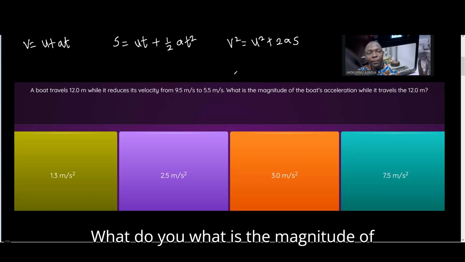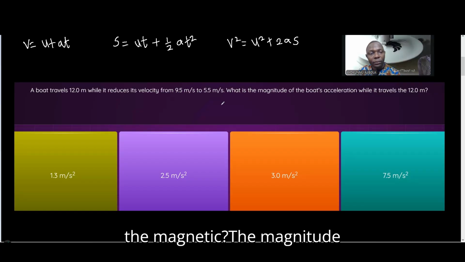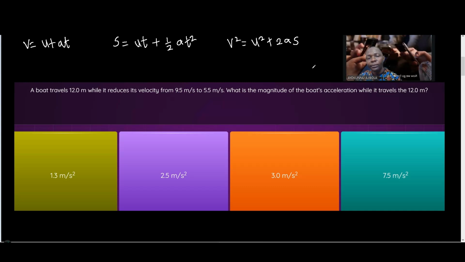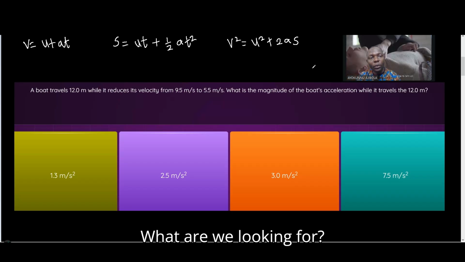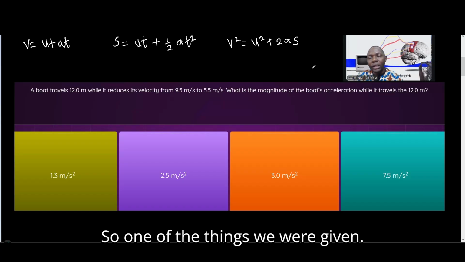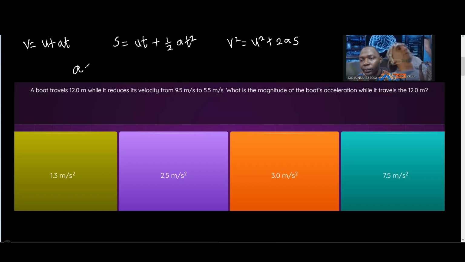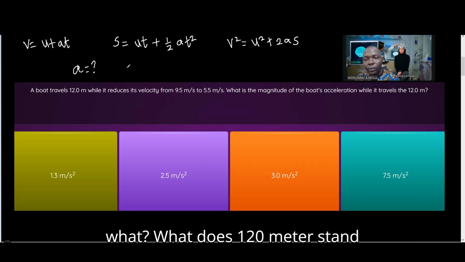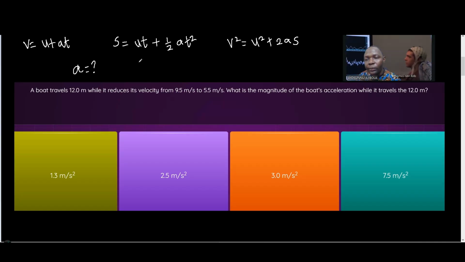We're looking for the magnitude. Magnitude of what? Of the boat's acceleration. What are we looking for? The acceleration. So what are the things we were given? So we were given 12.0 meters. What does 12.0 meters stand for?